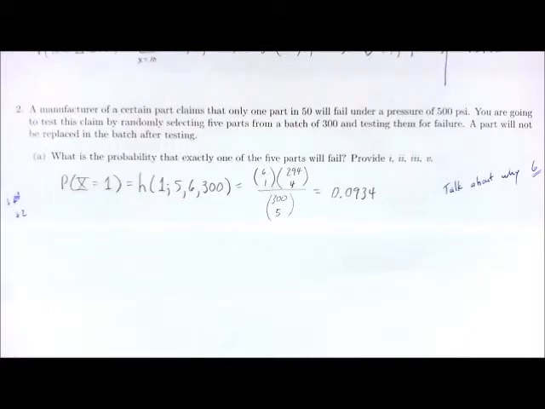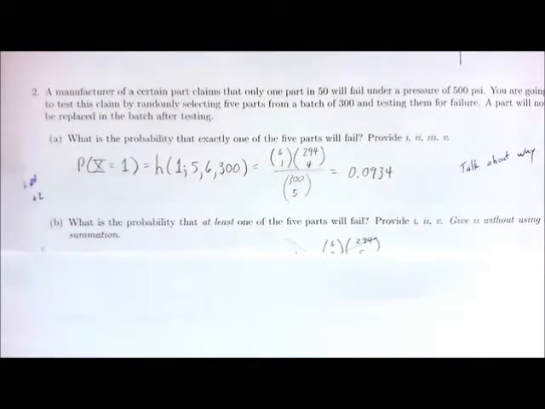The 6 is the number of failures in the entire population, and the population is 300. So the capital N in our formula is the population of 300, and the 6 is the little k, which is the number of, quote, successes, or in this case bad parts, in the whole population.